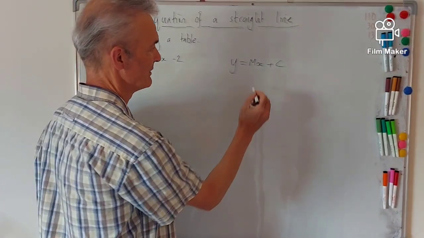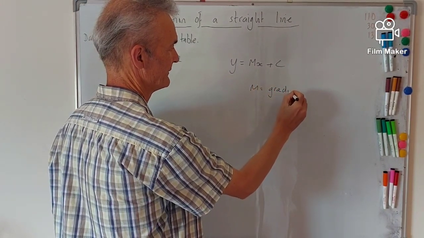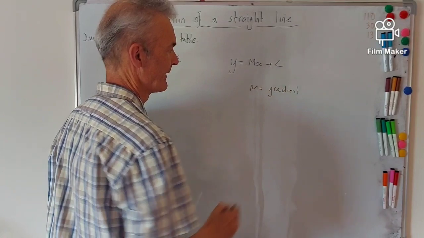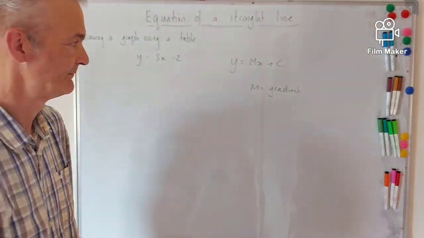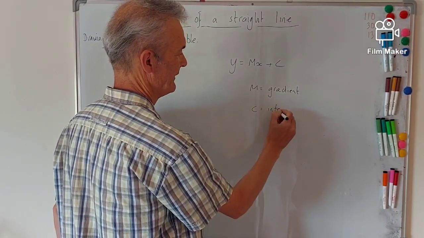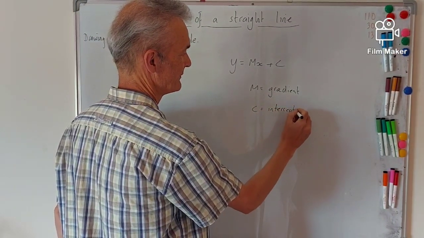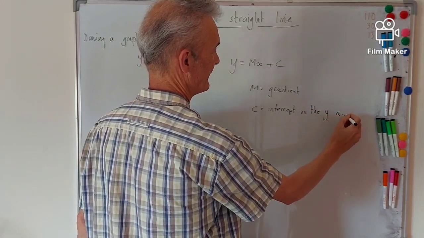The m is the gradient. The gradient is how steep the line is. And the c is the intercept on the y-axis.